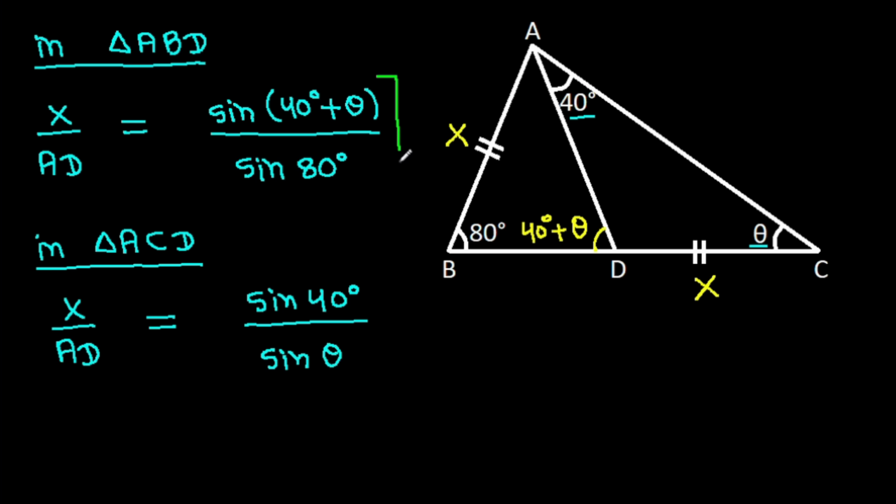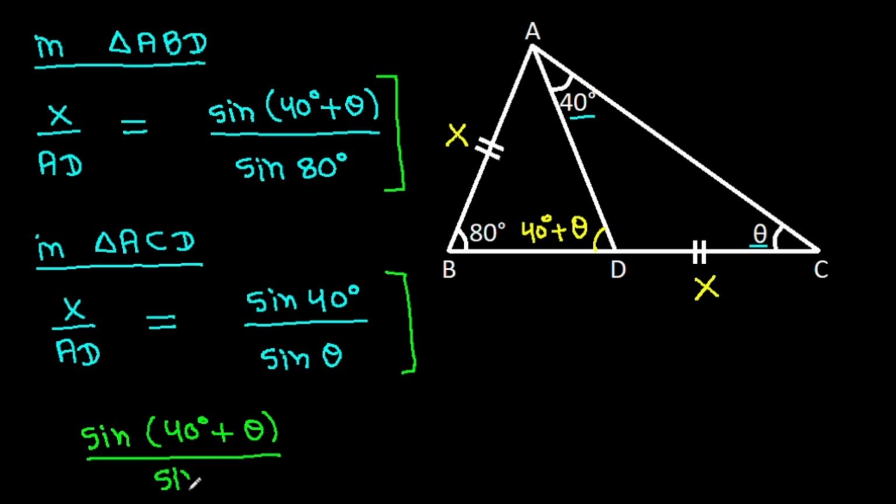So from these two equations, we can say that sin 40 degrees plus theta over sin 80 degrees is equal to sin 40 degrees over sin theta.